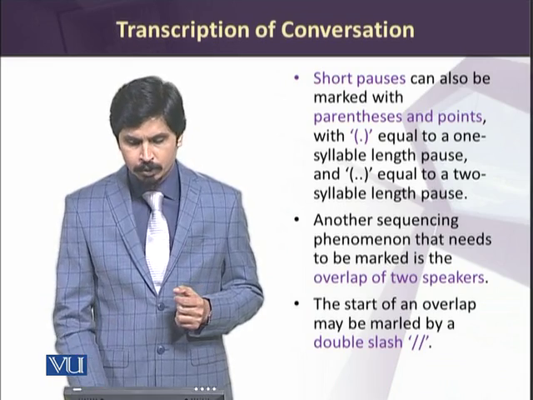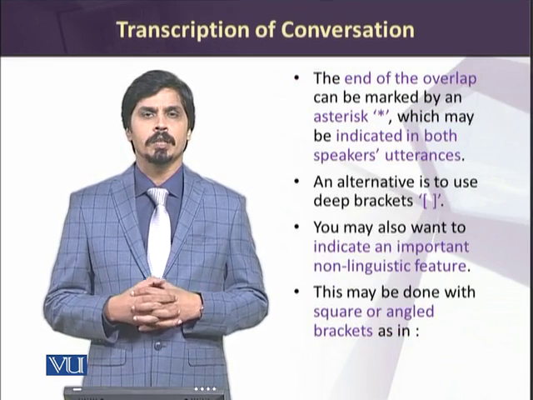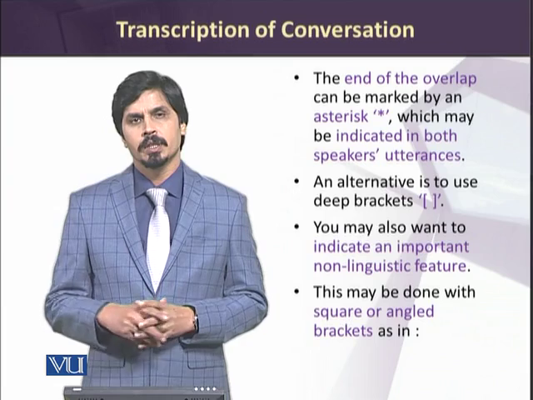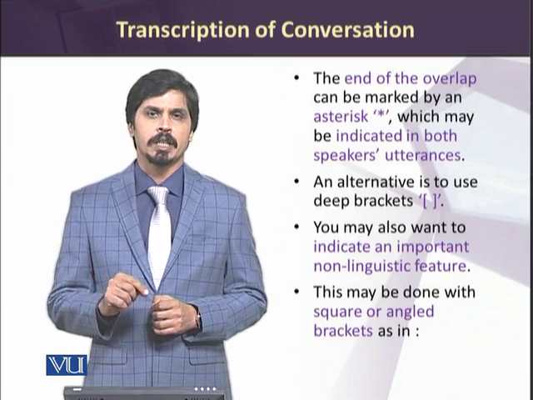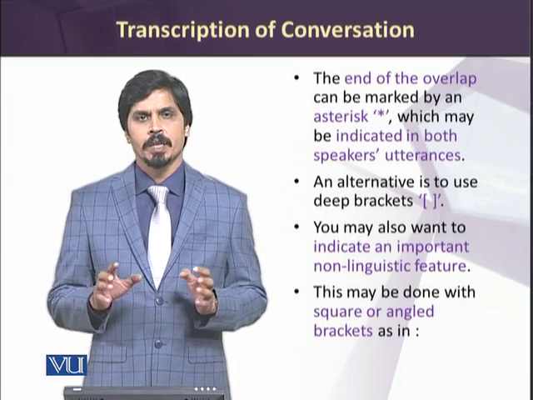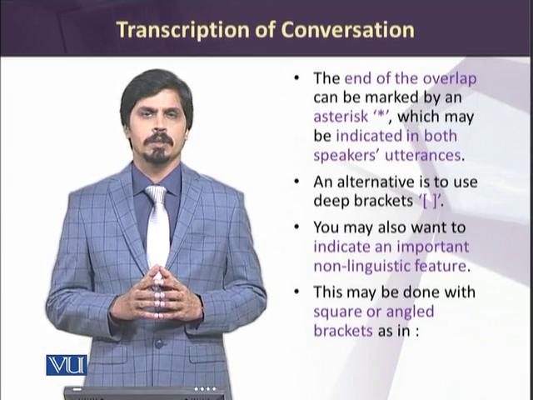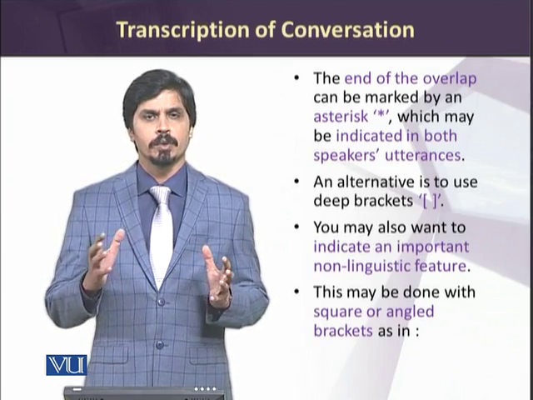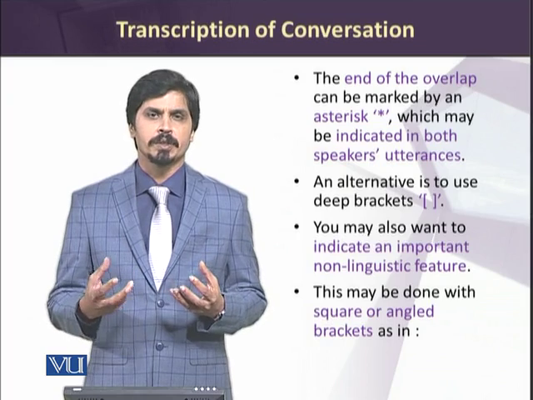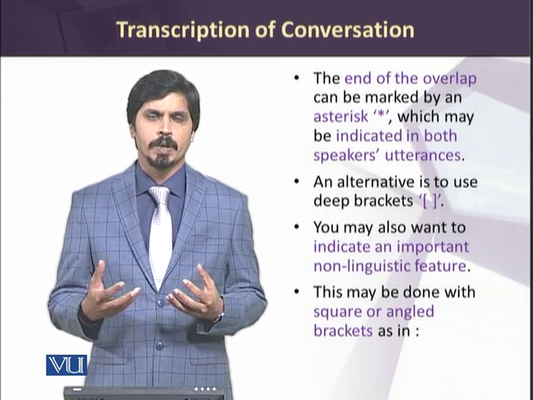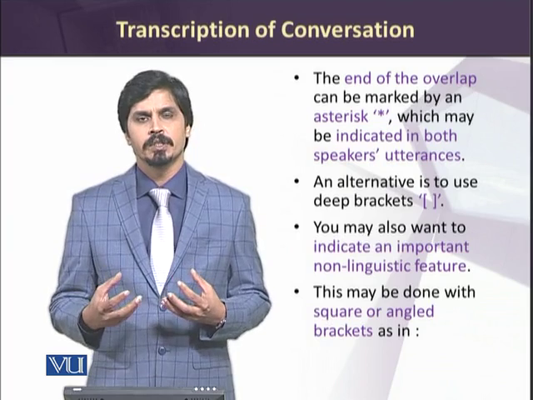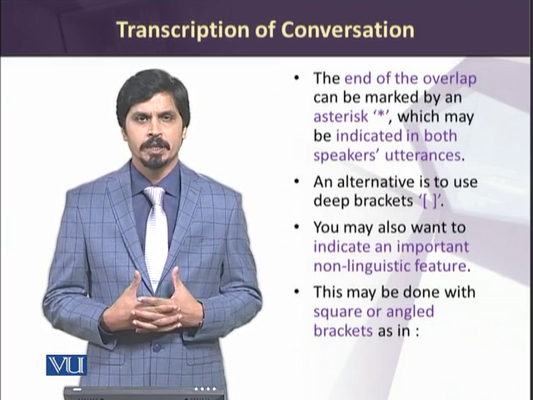At the end of an overlap, we write down an asterisk, and this could be written down at the end of the words of all participants in an overlap, or if there are two participants, at the end of the words they said simultaneously.